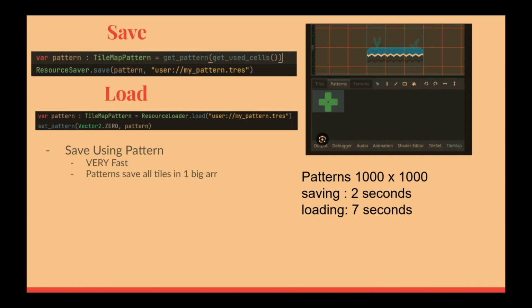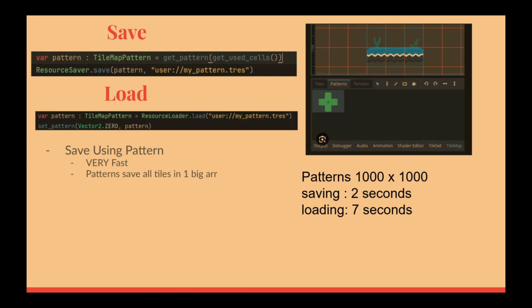And the cool thing, which I didn't expect, is that the pattern could have tiles, terrains, and scene tiles all in one pattern. So the way you would do that, let's say I place the pattern in the scene. You get the pattern, and since this script is on the tile map layers, there's get_used_cells, and it just gets all the cell positions.